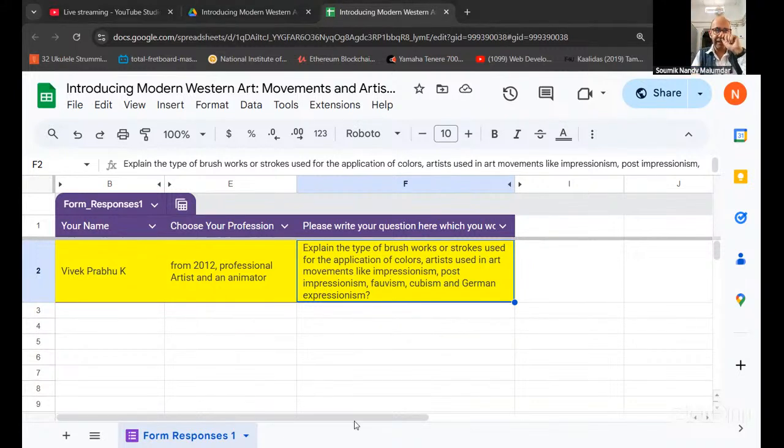Now, as far as Impressionism is concerned, we know Impressionists were primarily bothered with the play of light and shade on the forms, and how light is not something fixed, but what they call fleeting light. That light is changing.